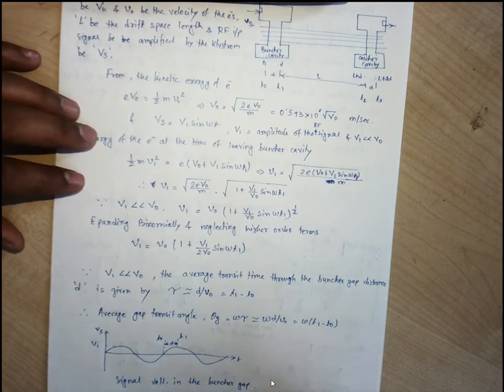Now, what is the average voltage maintained within that gap within this time period? How can we take it out?